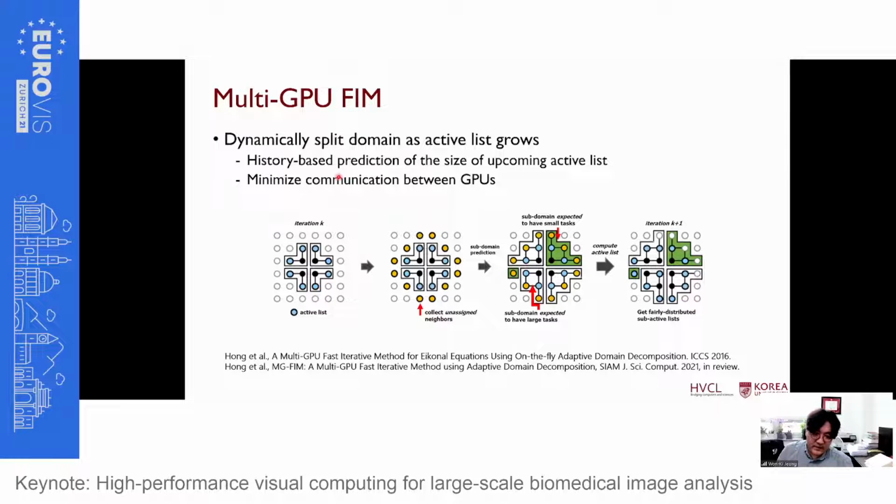If I'm shrinking, then I need to assign fewer points. If my active list is growing, then I'm assigning more points. So depending on the local active list size predicted by the history, I dynamically assign this domain.